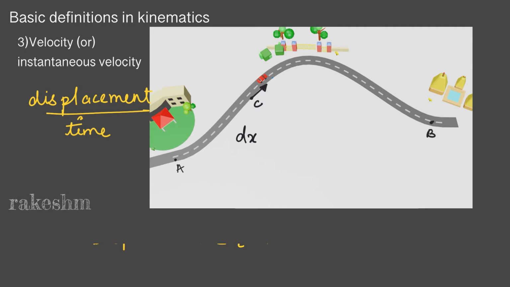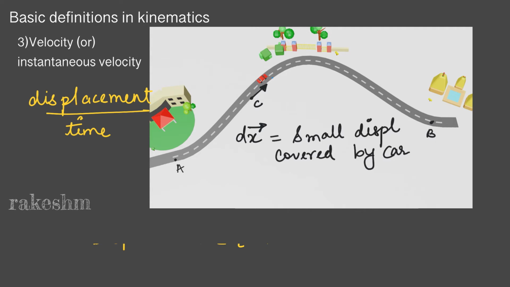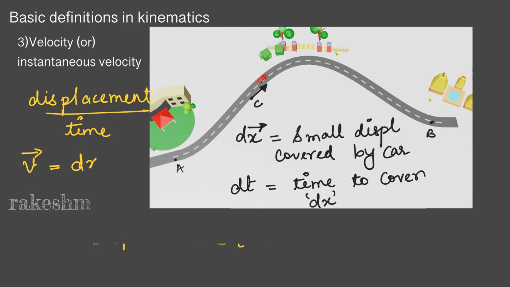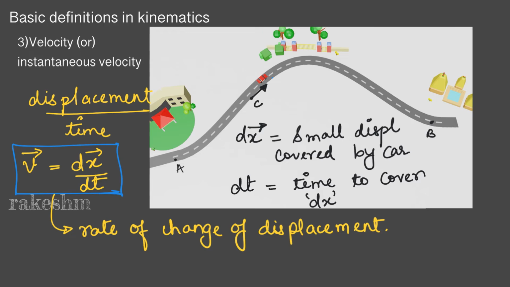Here is dx. I'm just putting a small vector sign because it is a displacement vector. So this is small displacement covered by the car. In time dt, we define velocity as v bar equals dx bar by dt. You can also say this is the rate of change of displacement.